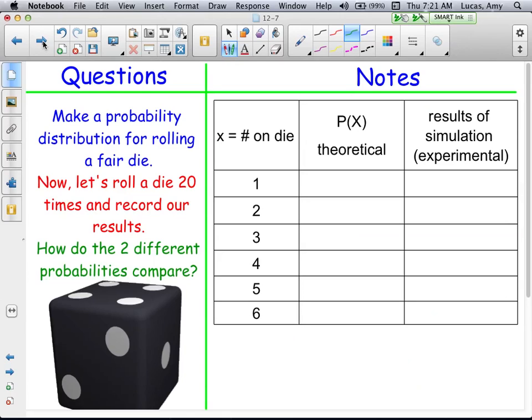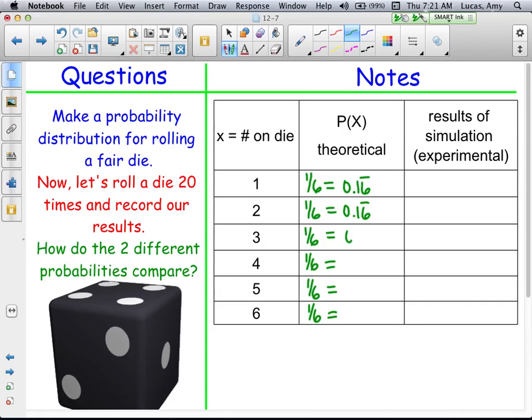Okay, make a probability distribution for rolling a fair die. So we know that one fair die has the numbers 1 through 6 on it. We know the theoretical probability of rolling each number is just 1/6, because each of those outcomes is equally likely. 1/6, if I turn that into a decimal, is 0.16 repeating.